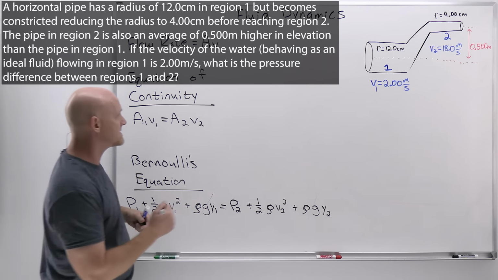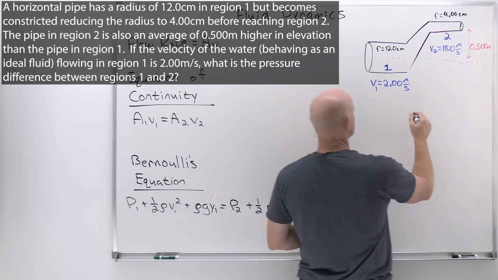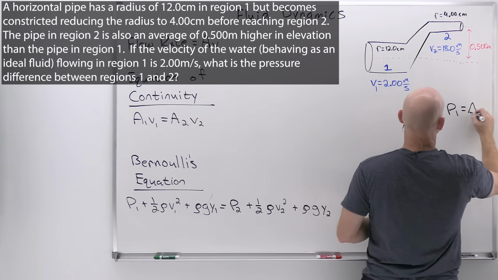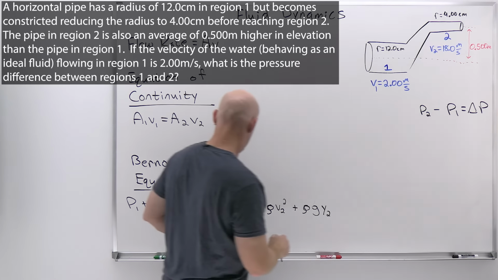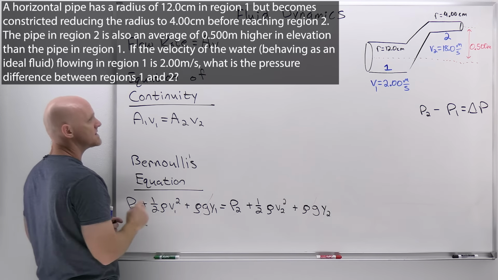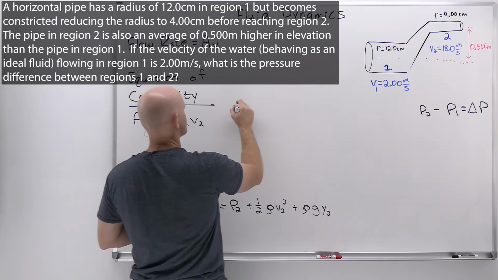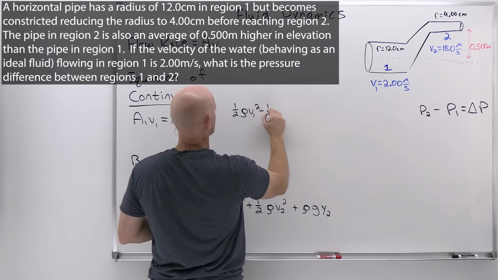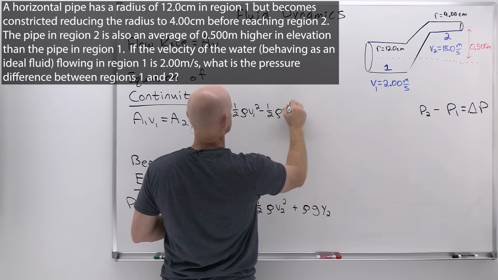In this case, if we once again solve for P2 minus P1, which is the same thing as delta P, I'm going to subtract P1 over to the other side, and then subtract these two terms over to this side. So we're going to have 1/2 rho V1 squared minus 1/2 rho V2 squared.